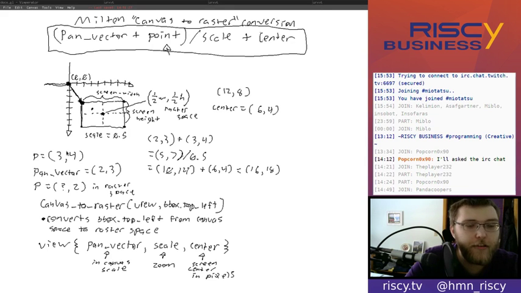Or I mean, the scale is 0.5. So we multiply the pan vector, the 2, 3, by the scale, which is the same as dividing it by 2. So then we get 1 and 1.5. Does that make more sense when we plug that in? So it would be 4 and 5.5.